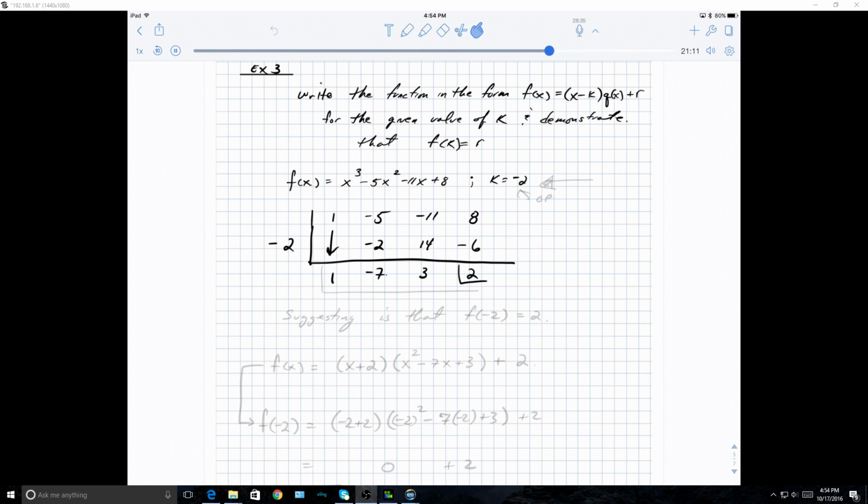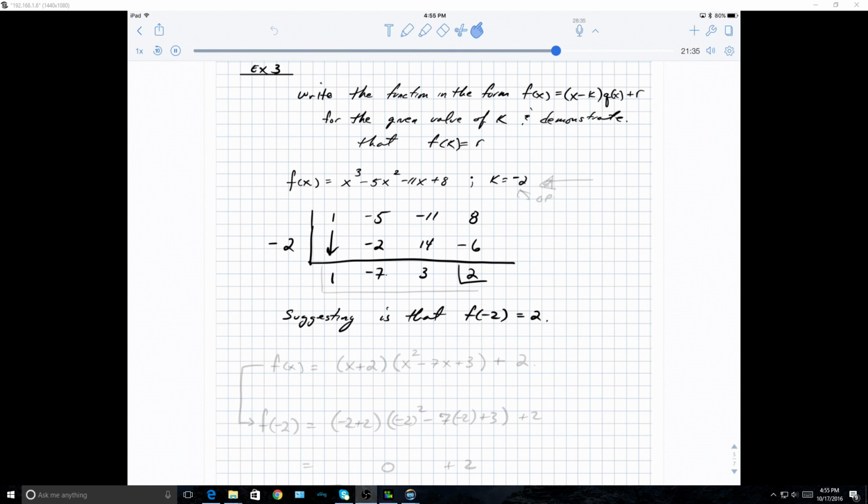That's the last piece, so we have a remainder, and what this is suggesting, remember, is that f of negative 2 is equal to 2. So if this is the case, then we've also demonstrated it, okay?